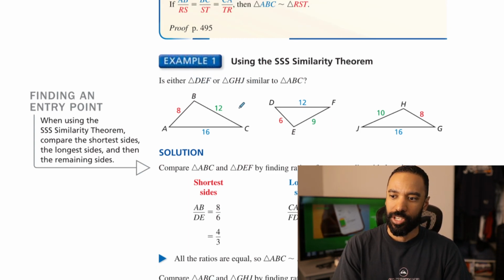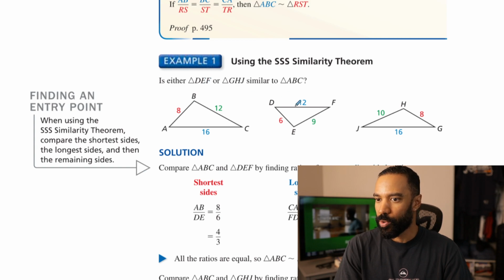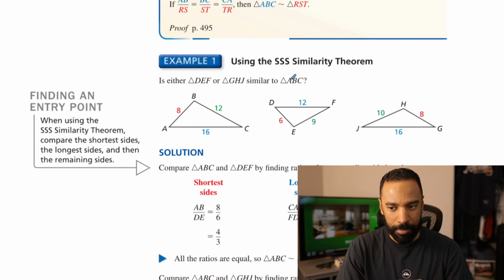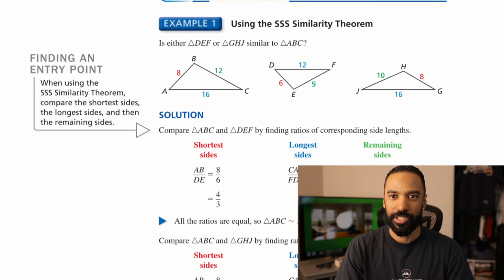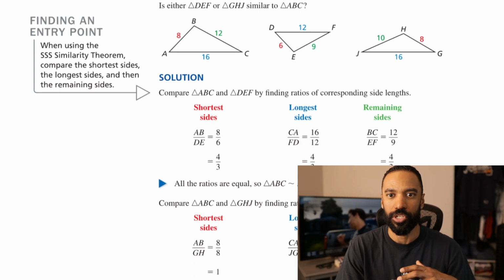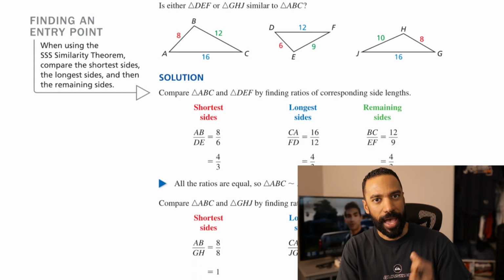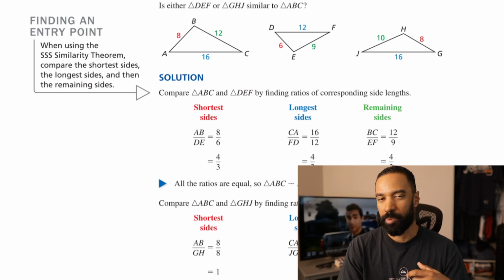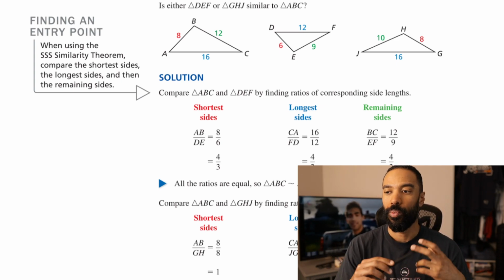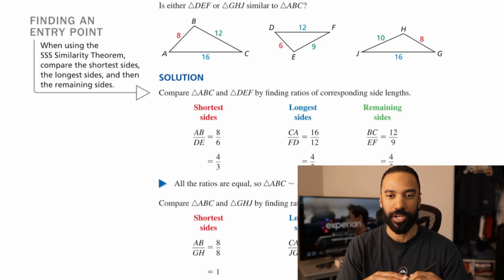Is either triangle DEF or GHJ similar to triangle ABC? So what their test is going to be, and it's a pretty unique kind of test as far as how you need to do it, because we don't have any congruent corresponding angles to figure out which things line up with each other. We have to figure out which sides line up with each other.